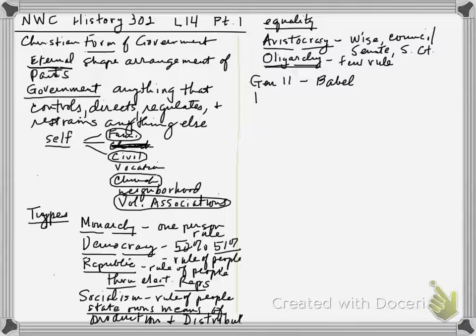Now, the second passage is 1 Samuel chapter 8, and here Israel wants a king. They're very adamant about it. They don't want God's rule over them. It's interesting. God tells Samuel, they're not rejecting you, they're rejecting me. And so what looks like a rejection of a prophet to make a king is really a rejection of God.